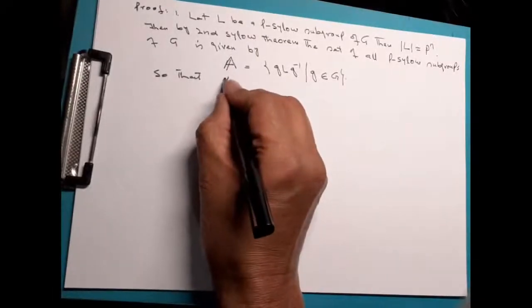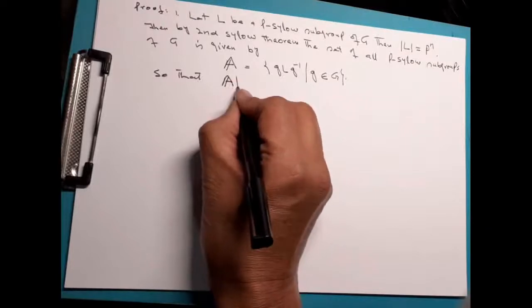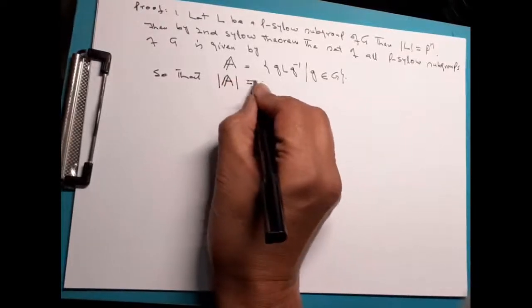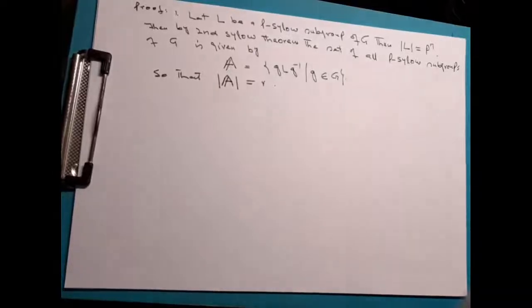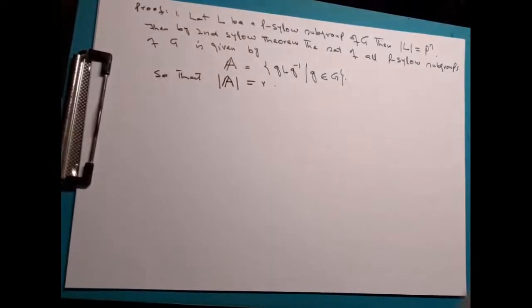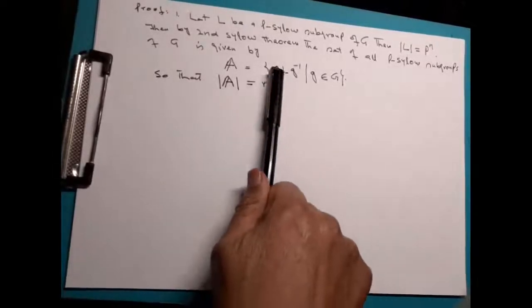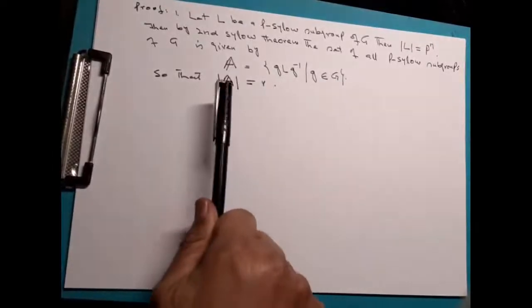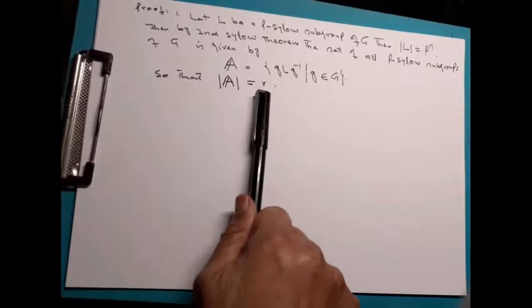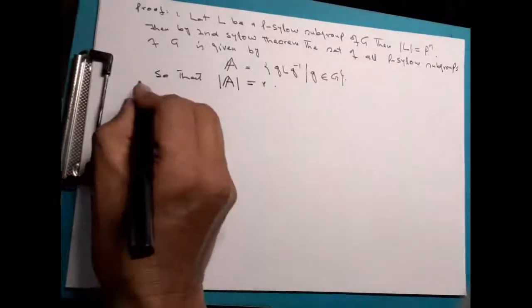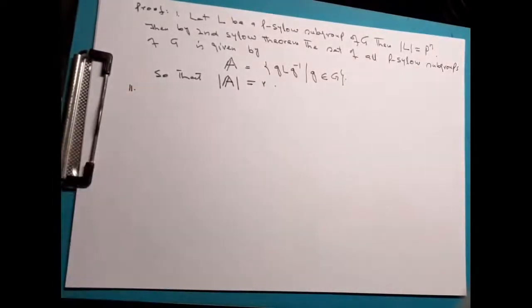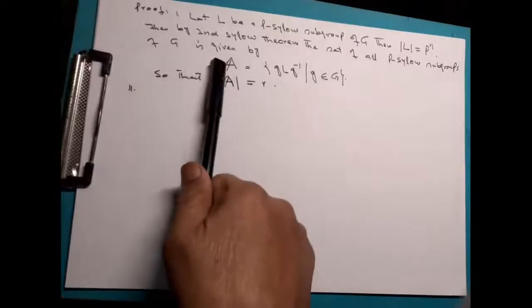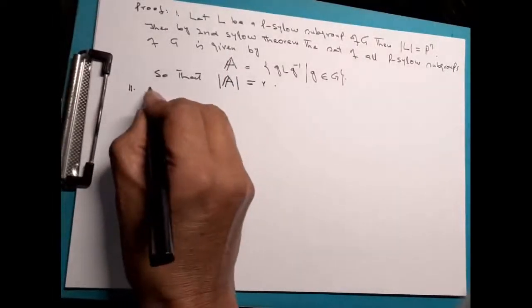Therefore, the number of elements in A is equal to r. This is what we have noted in the theorem. r stands for the total number of p-Sylow subgroups, and these are all the p-Sylow subgroups. So the number of elements in A is equal to r. Secondly, now we consider a group action. In fact, we act G on this particular set A. So consider the group action.